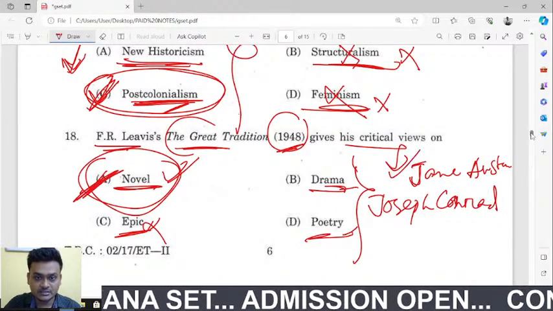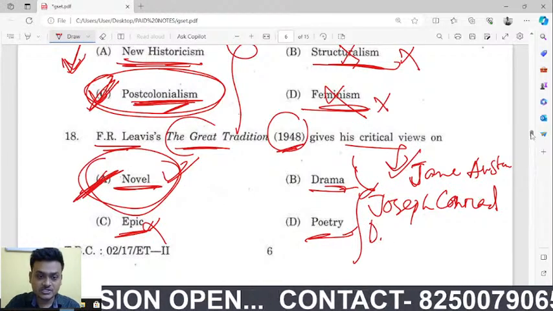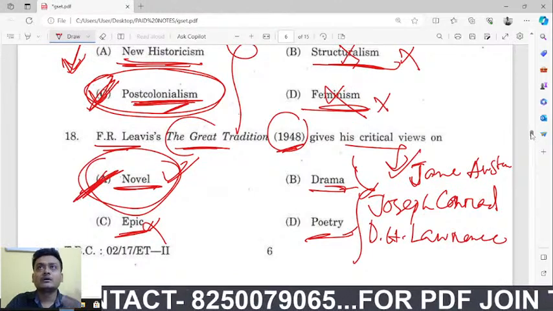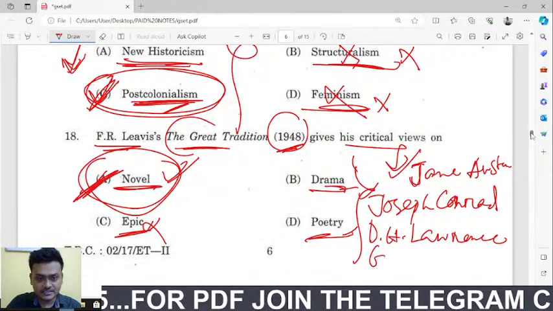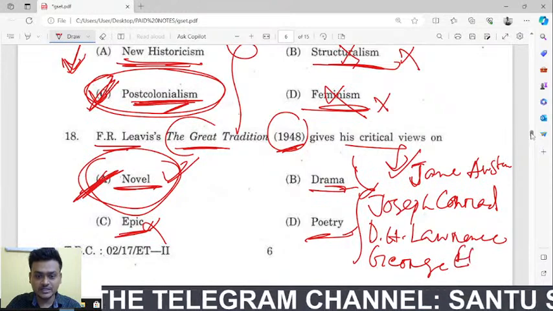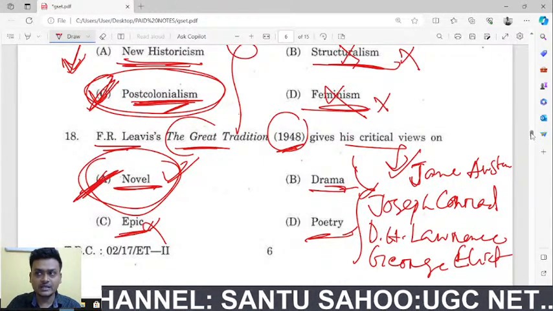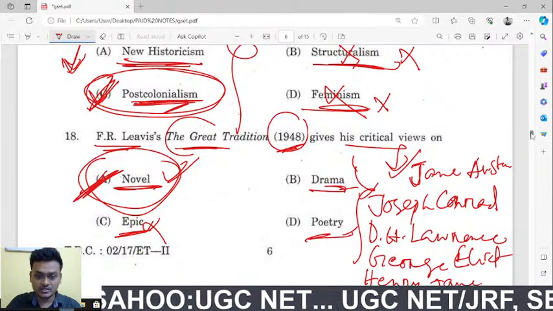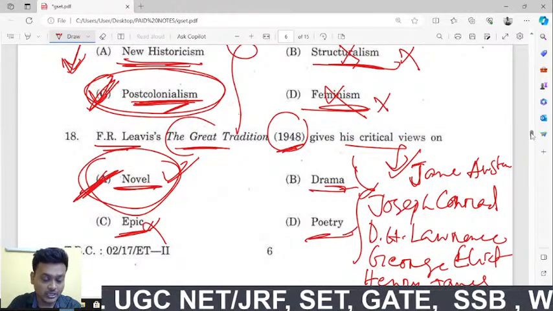Then we have D.H. Lawrence and George Eliot. And we have another writer, Henry James. These are the five novelists who are following the tradition.